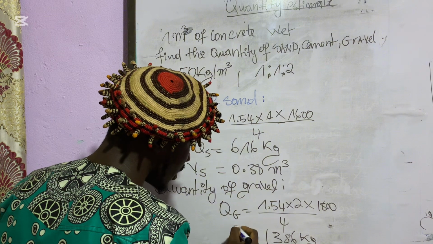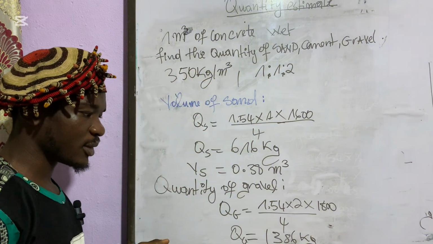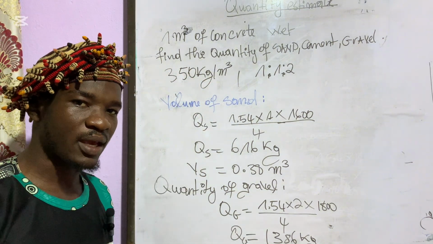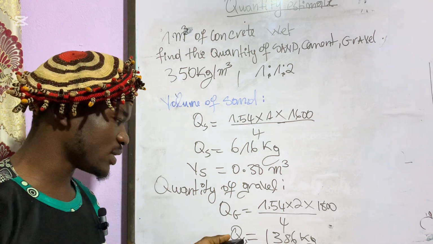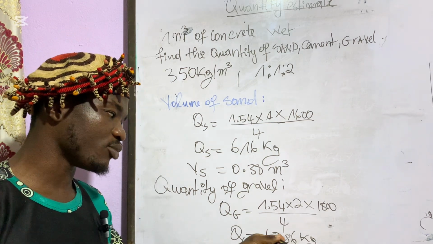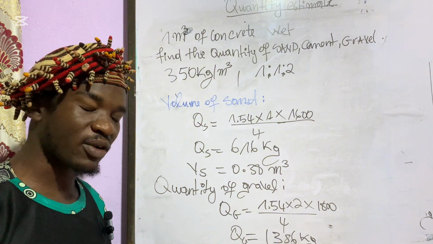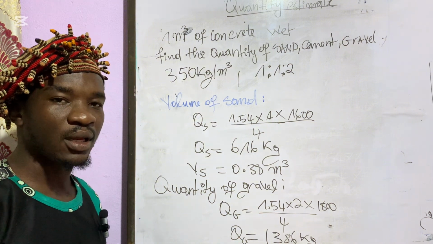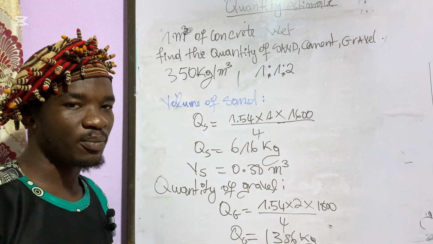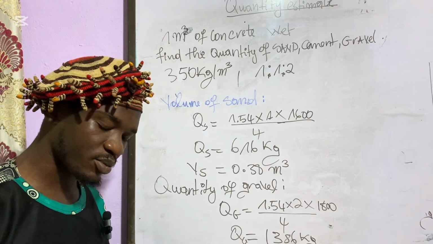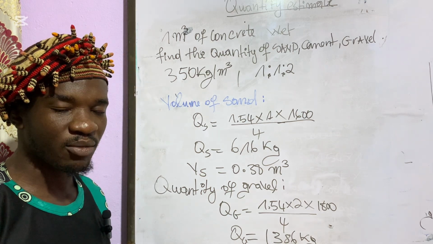This is the quantity of gravel in kilogram. You know, in Cameroon we usually say 1 ton of gravel is, for example, 15,000. So with this kind of value, you can see that we have 1.3 or 1.4 ton there, which enables you to do your estimate properly. That's why I chose also to put the value in terms of kilogram.